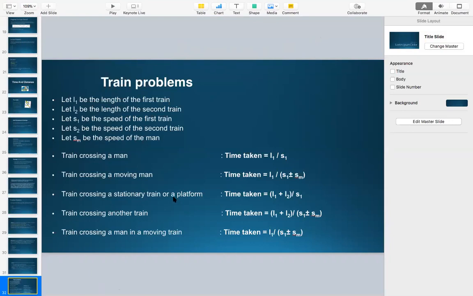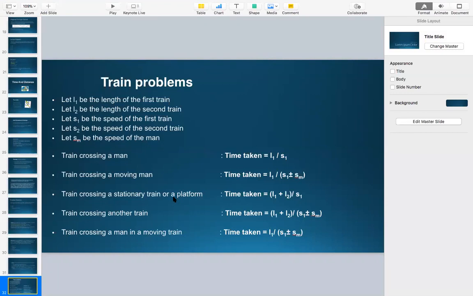So now just imagine the fourth scenario. What is the fourth scenario? Train crossing another train. Now in the third scenario, I have taken a train crossing a platform, right? Now imagine that the train was crossing another train.